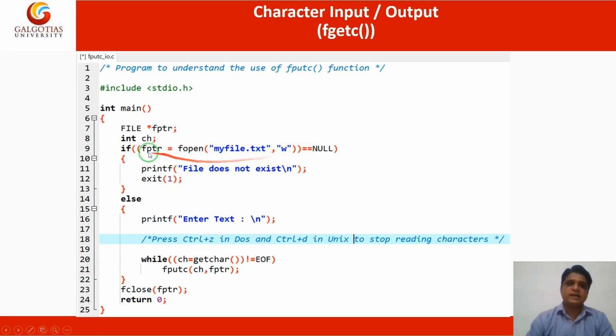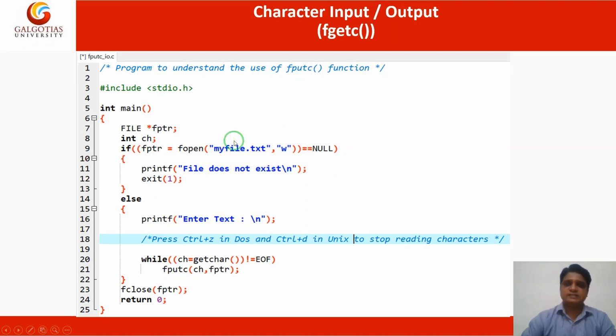If this file is already created, okay, otherwise fopen will return null, and fptr equal to null means the file does not exist.